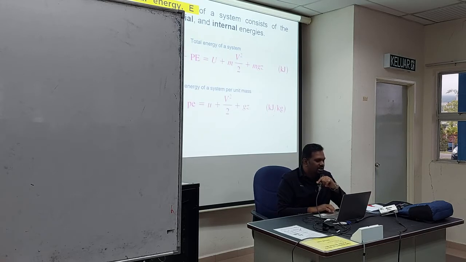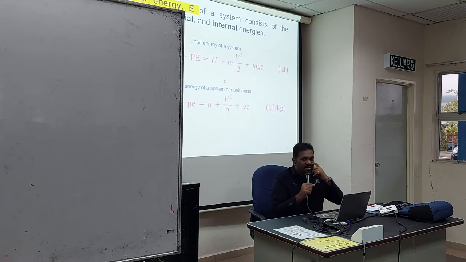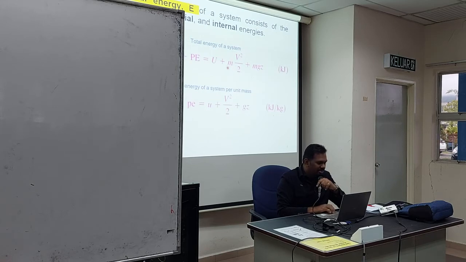So total energy is actually the combination or addition of internal energy, kinetic energy, and potential energy. Internal energy, we can get U. Then kinetic energy we get from the physics formula half mv squared, or mv squared over 2. And potential energy is mgz, where z is the difference in height.